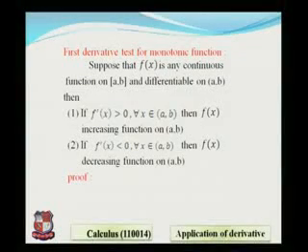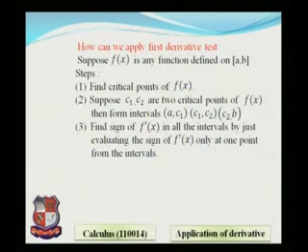These are the steps for applying the first derivative test. Suppose f of x is any function defined on closed interval AB. First, we find the critical points of f of x by solving f dash of x equal to 0. Second, suppose c1 and c2 are the critical points, then form three intervals: a to c1, c1 to c2, and c2 to b.